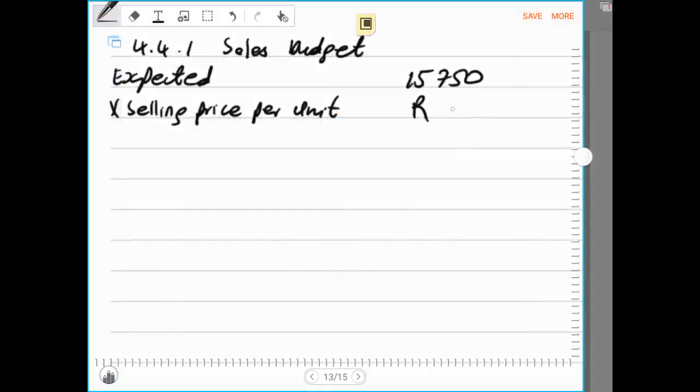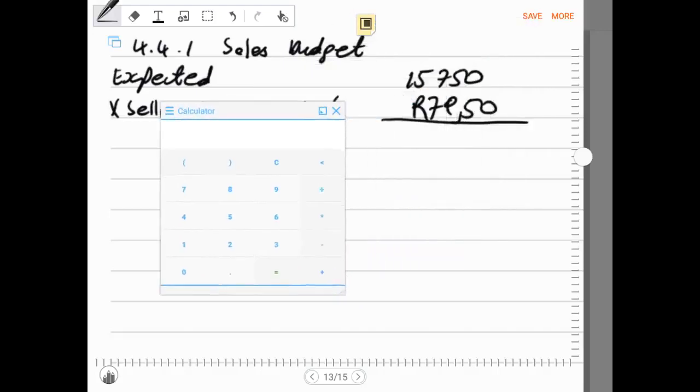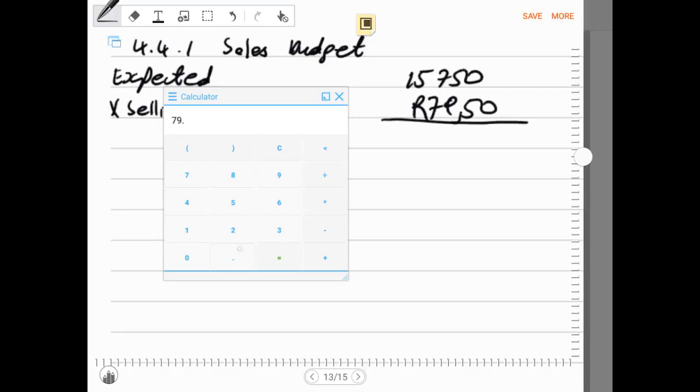So now we go and we write that amount. Then we get the total expected sales. Therefore our expected sales will be the total of 15,750 times 79 rand 50 cents.